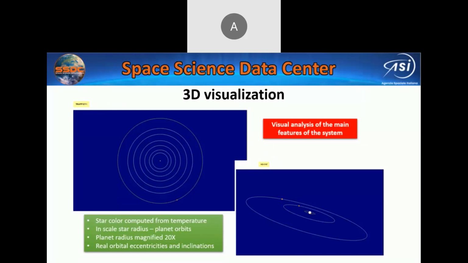The star radius and planet orbits are in scale. Obviously, the planet radii are magnified, and we have, where available, real orbital eccentricities and inclinations, so that in this way we can have an idea of what the system looks like.